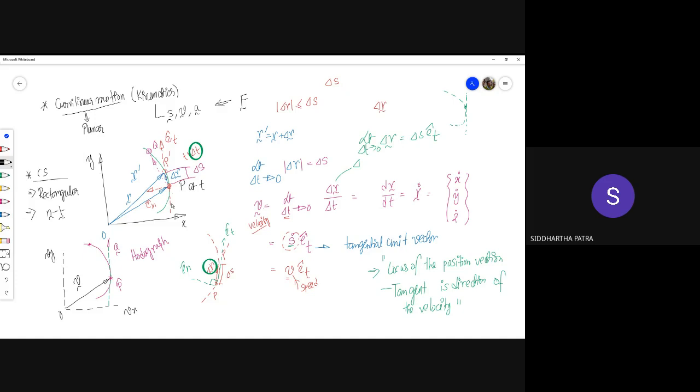I hope by now you are starting to see the advantage of using the NT coordinate system, because in the rectangular coordinate system, V would have the components Vx and Vy. In the NT coordinate system, V would simply look like this, because the tangential direction is the direction of the velocity.